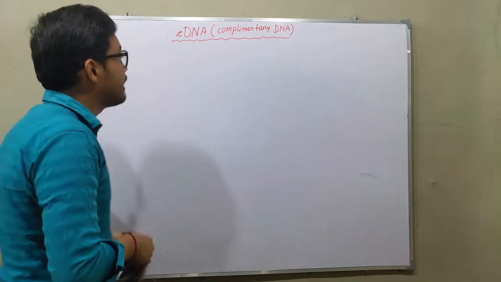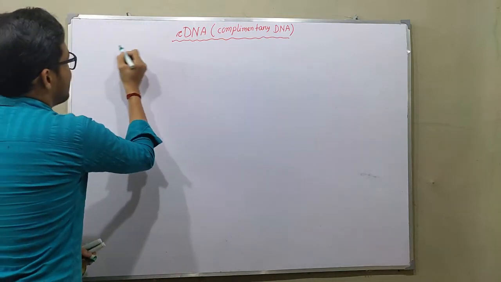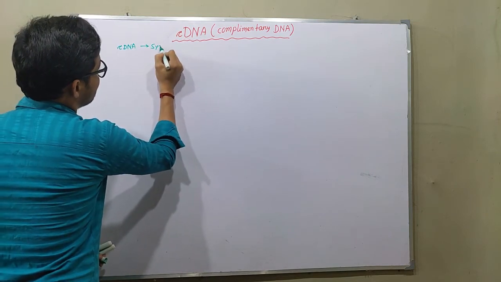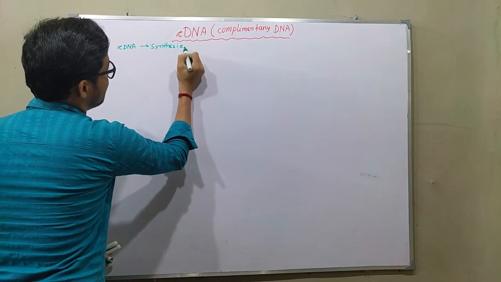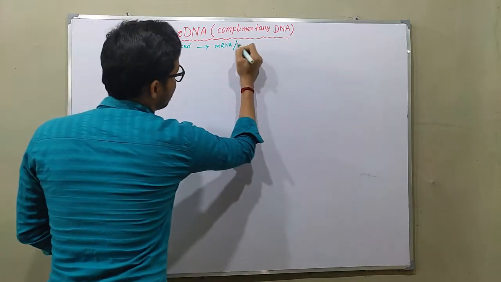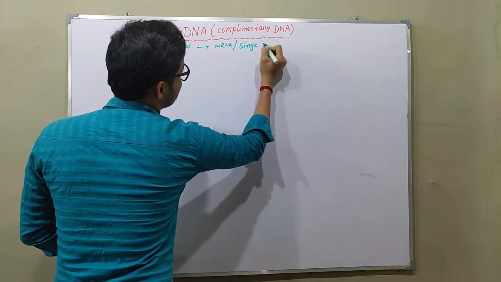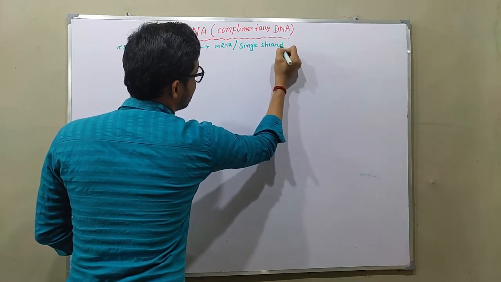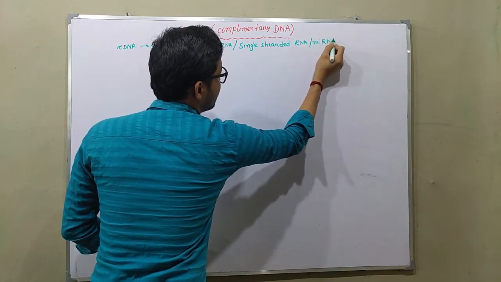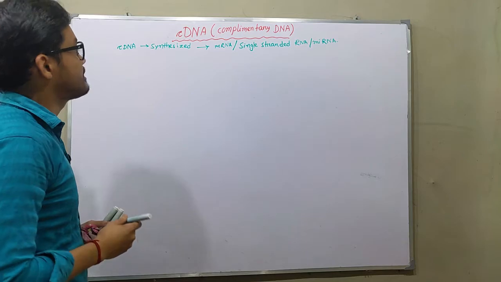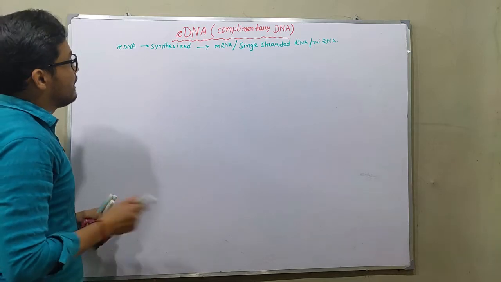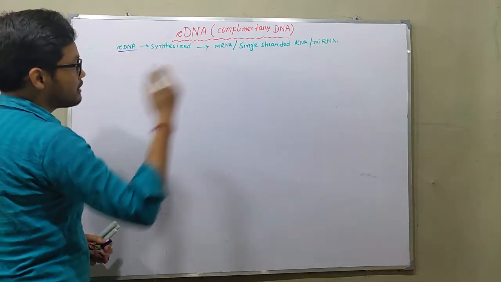First, cDNA stands for complementary DNA because cDNA is synthesized from mRNA, single-stranded RNA, or microRNA, and it is complementary to that particular single-stranded RNA.